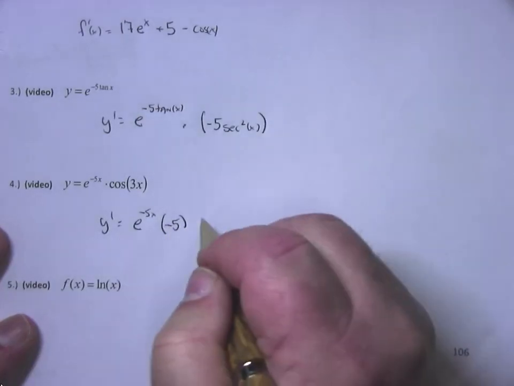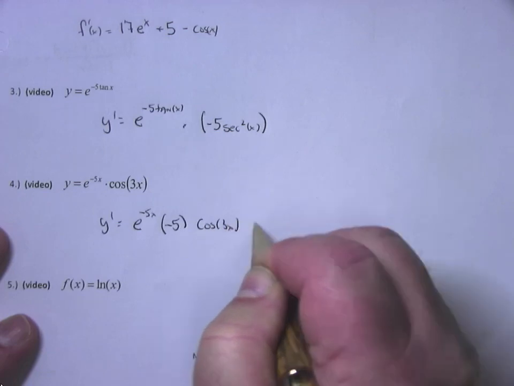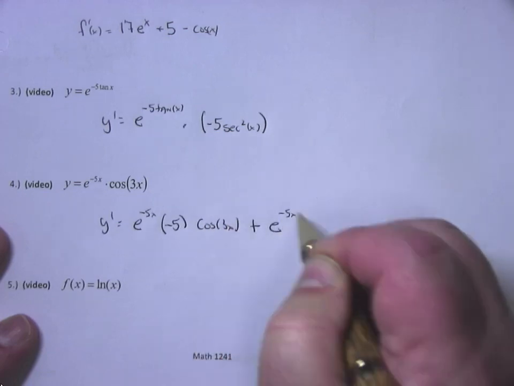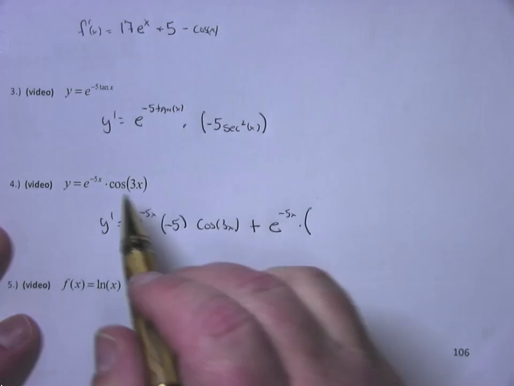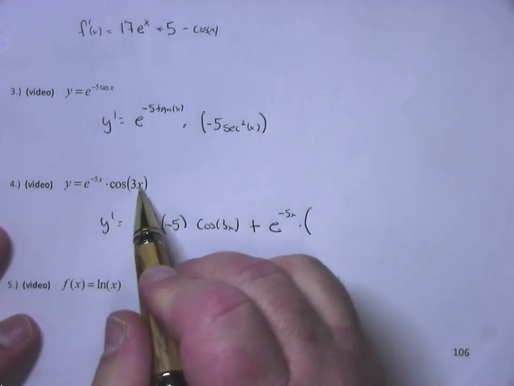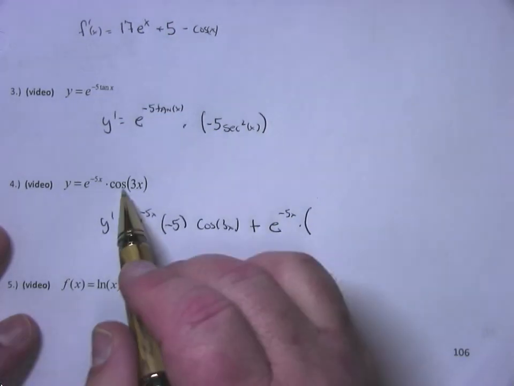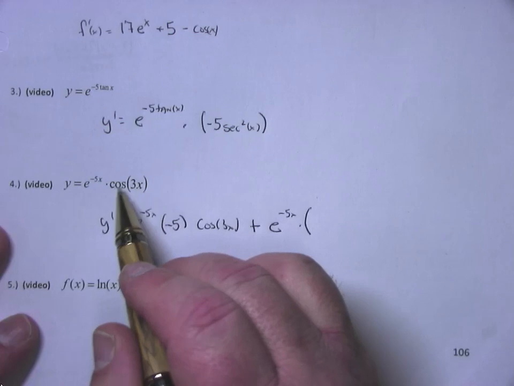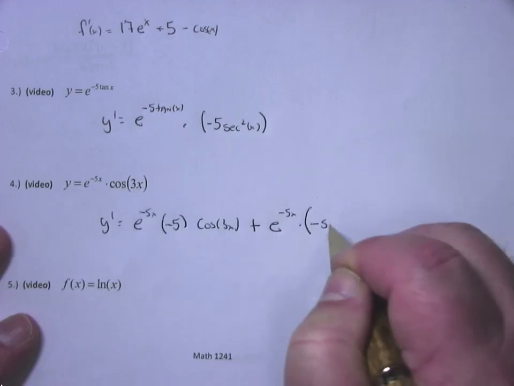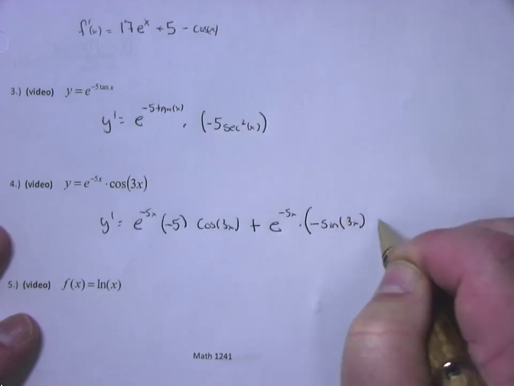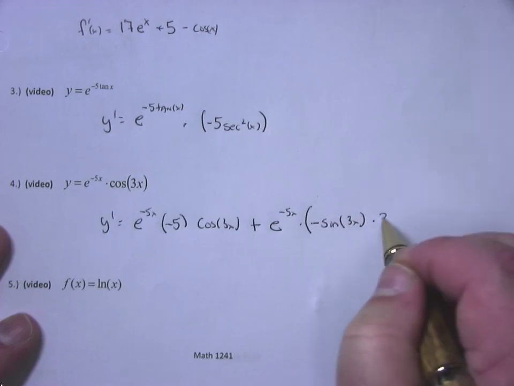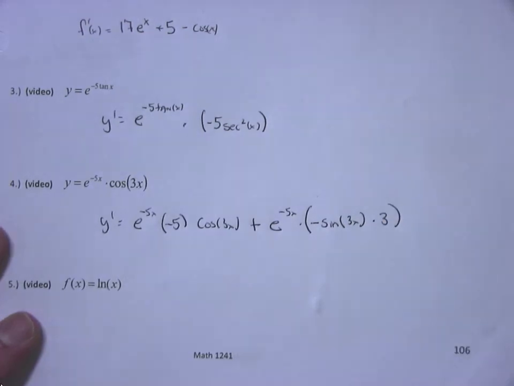Derivative of the first times the second, cosine of 3x, plus the first, e to the negative 5x, times the derivative of the second. What's the derivative of cosine of 3x, and what rule do you have to use to take the derivative of this guy? It's a chain rule. Take the derivative of the outside, inside stays the same, times the derivative of the inside. What's the derivative of cosine? Negative sine, the inside 3x stays the same, then times the derivative of the inside, derivative of 3x is 3. There's my answer.